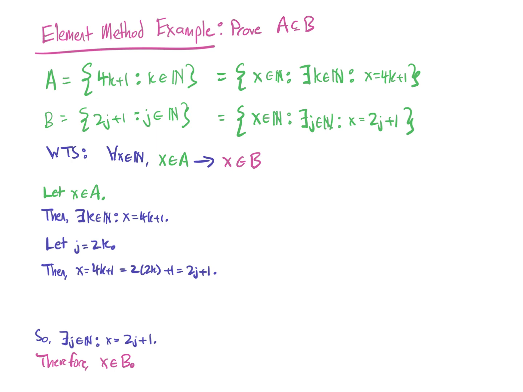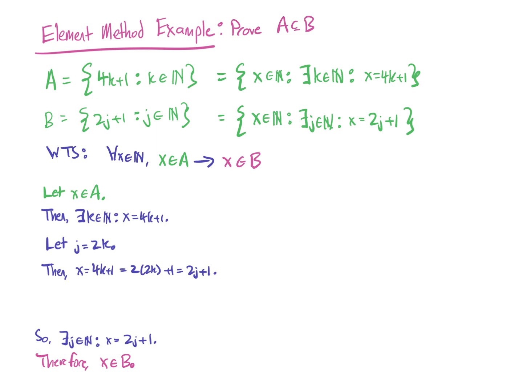Now, if I compare what I've shown, x equals 2j plus 1 for some natural number j, to the definition, I say, oh, I have satisfied this definition. I needed to show there existed such a j. I have done so. It's equal to 2 times the k that I picked. I am good. My conclusion follows. I satisfied the definition. Therefore, x is an element of the set B.